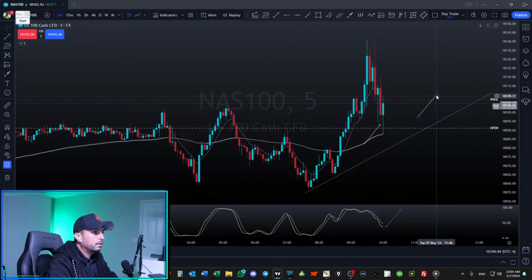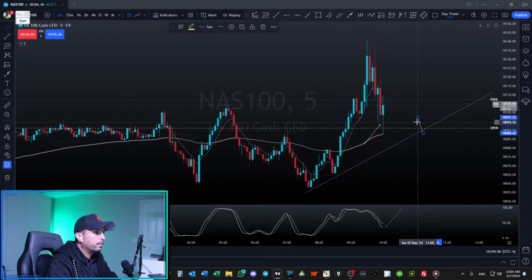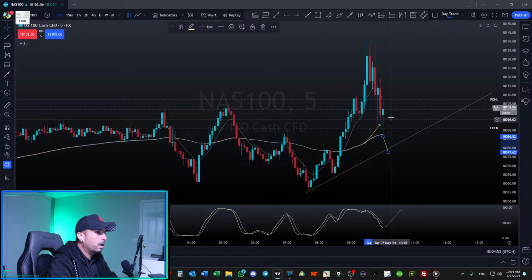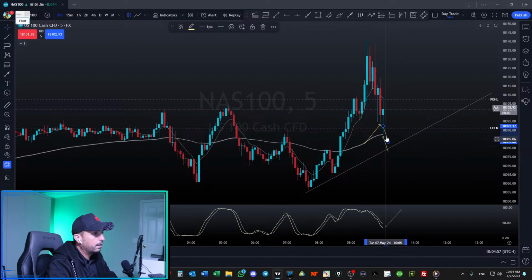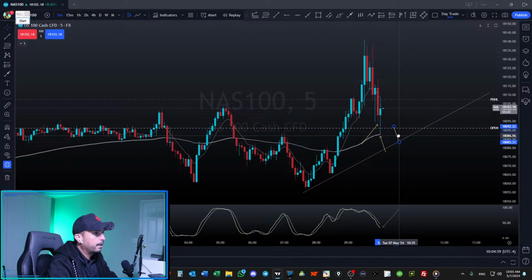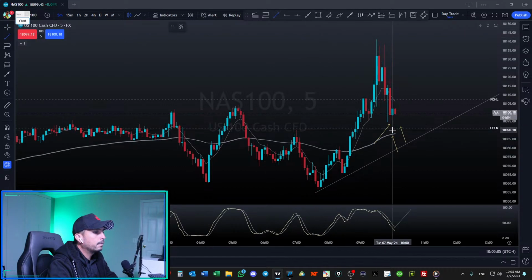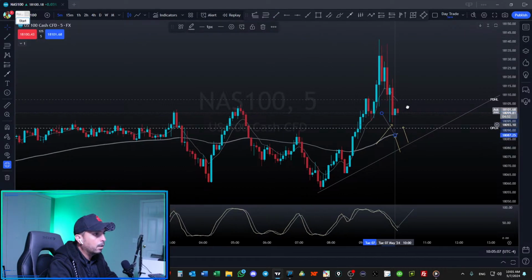All right, so as you can see, we did a lower low and we did another one. Now I want one that makes a lower high, and that will give me the 1, 2, 3.